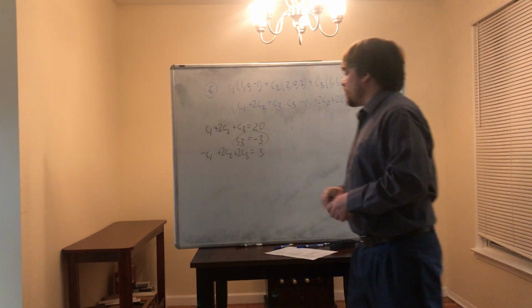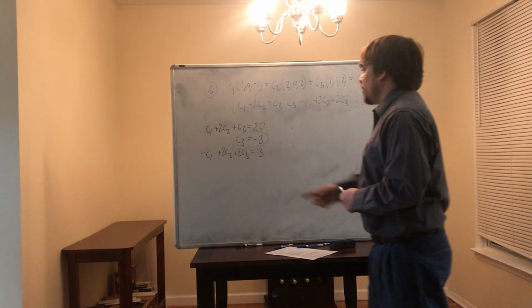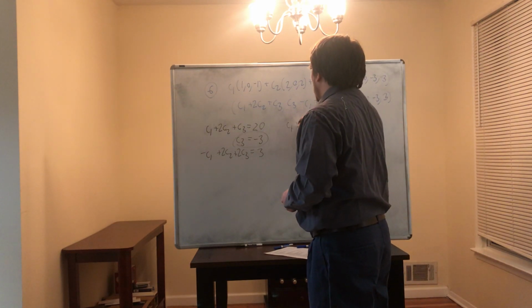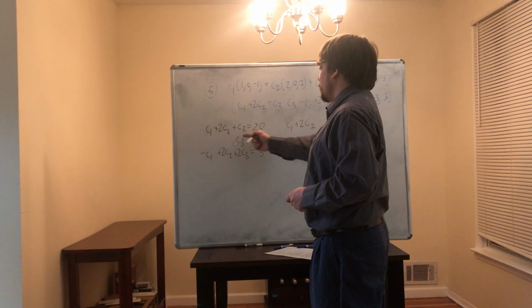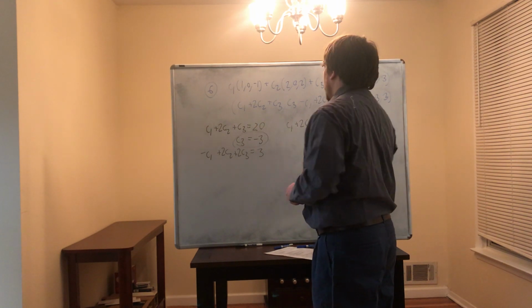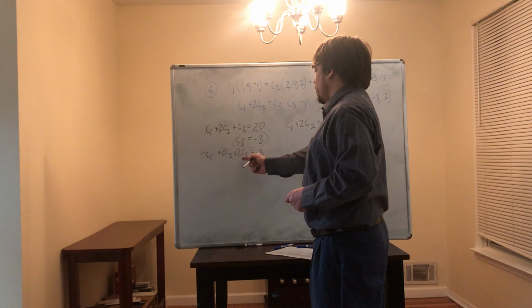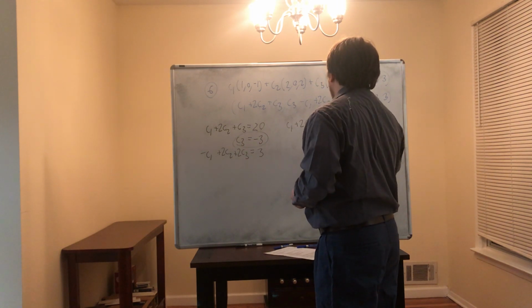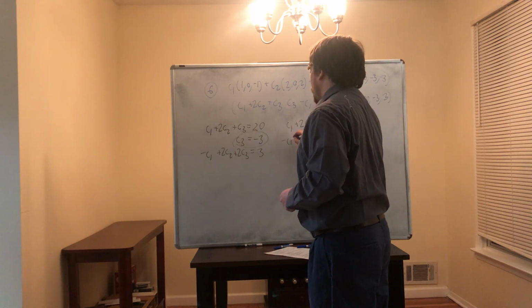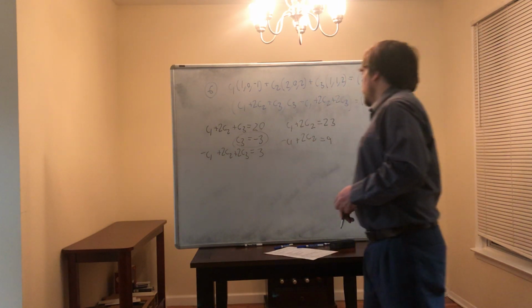Plug in C3 equals negative 3. You get C1 plus 2C2 minus 3, move it to the other side, and that equals 23. In the other equation you get minus 6, add the 6, and so negative C1 plus 2C2 equals 9.